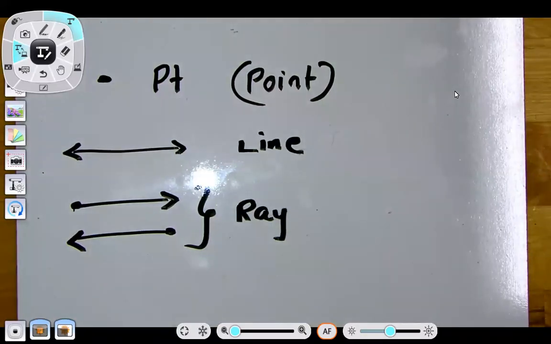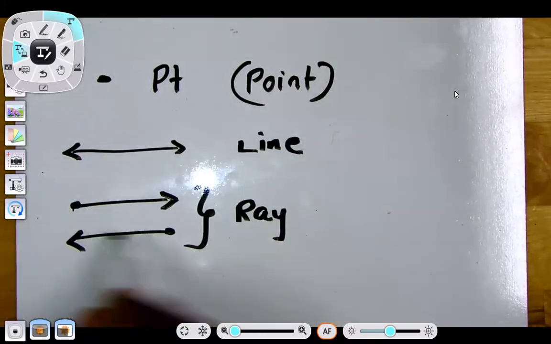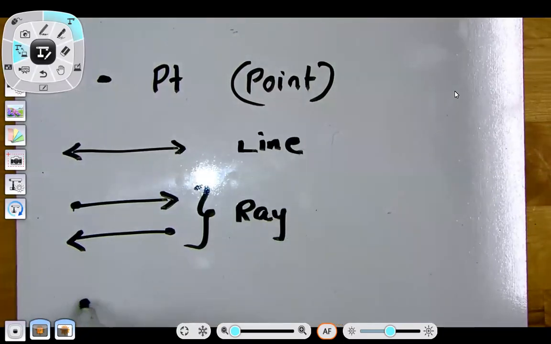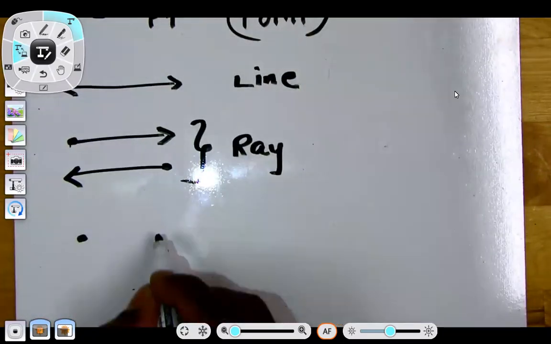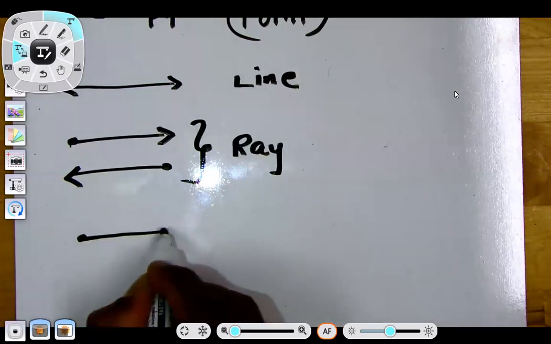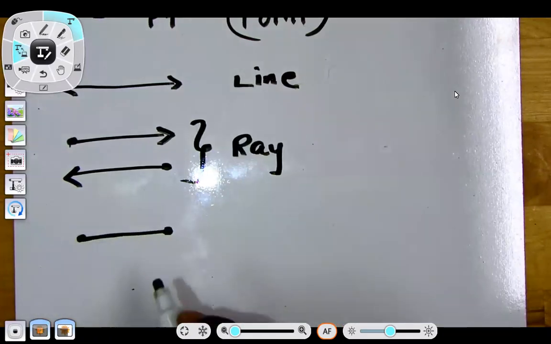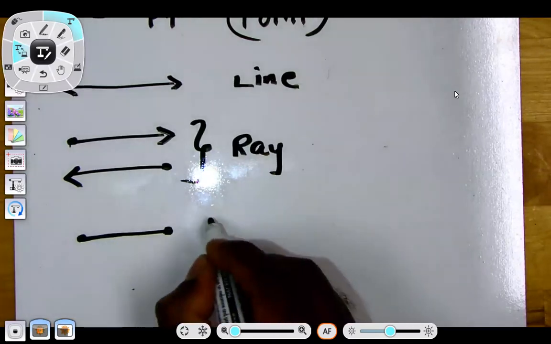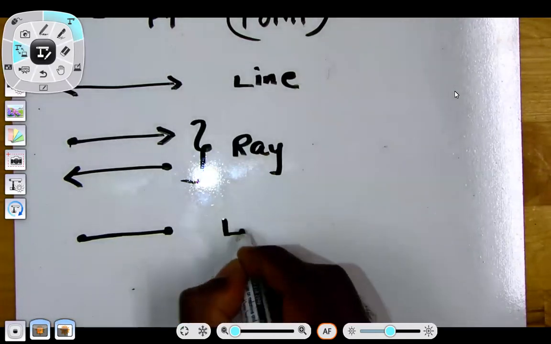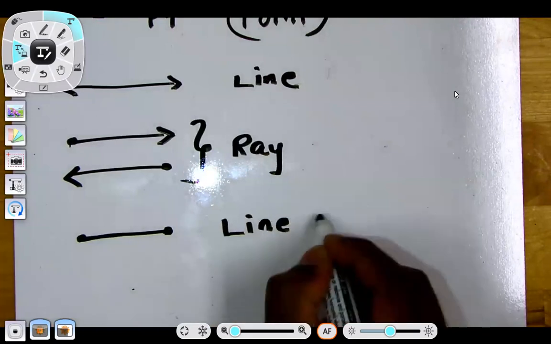All right, so you know what a line is, you know what a ray is. What happens if you have a line between two points? How do you call that? That's called a line segment.